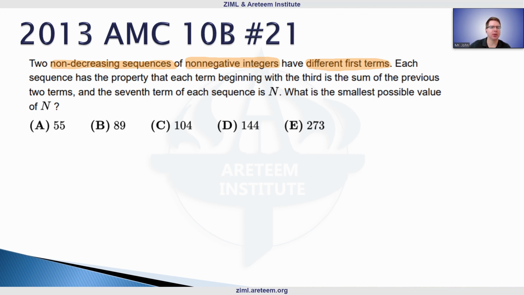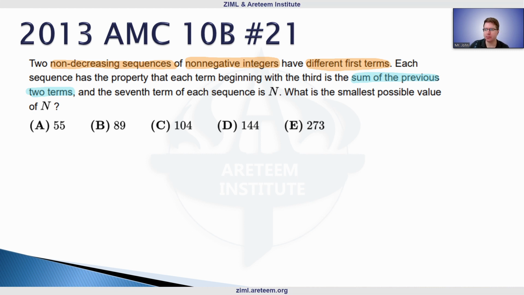Then each sequence has the property that, beginning with the third, each term is the sum of the previous two terms. So this one should remind us a lot of the Fibonacci sequence, right? As soon as we see adding the previous two terms, we want to think about Fibonacci, and that's going to come up in some of the patterns.